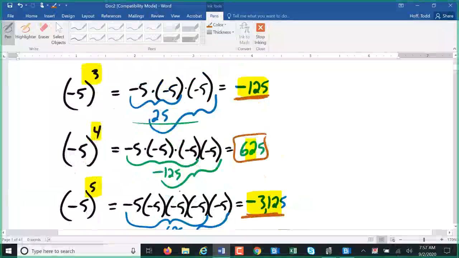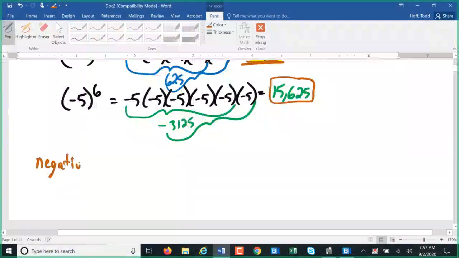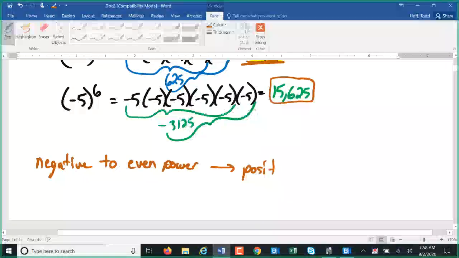And this is true no matter what number we put in here for the base of our exponent. If we're starting with a negative number, no matter what negative number we put in there, a negative number to an even power is always going to be positive.